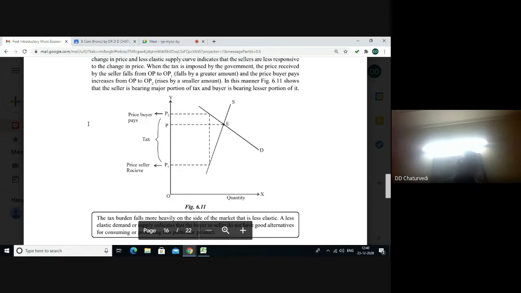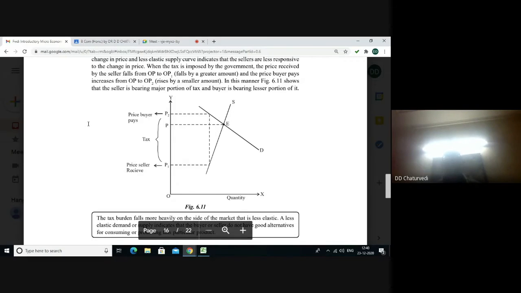The burden of this tax on the buyer will be PP2, that is the amount by which higher payment is being made by the buyer. Seller burden is equal to PP1, that is the amount by which lesser amount is being received by the seller. In this figure, burden on the seller is more.